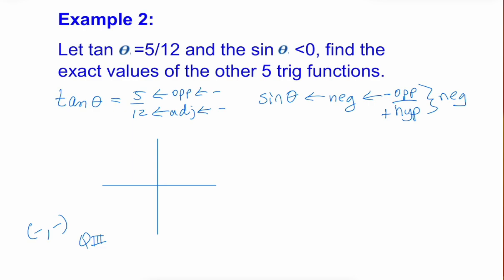So we're going to put a point anywhere in that quadrant. It doesn't have to be to scale. We're going to connect it to the origin. We're going to connect it to the x-axis. We're going to put our theta here. And that's our reference theta, but it doesn't really matter. We have to draw our opposite being -5, our adjacent being -12. So we're really at the point -12, -5.